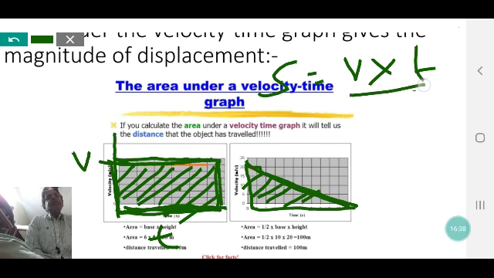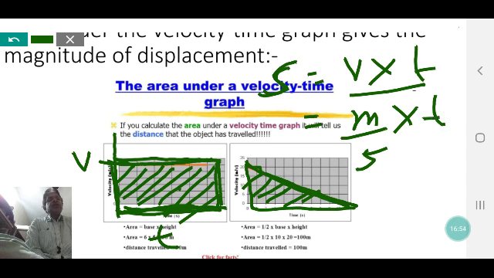That is the value of the magnitude of displacement. Now what is the unit? v is meter per second, and time is t, so the seconds cancel, and we get m, the meter, which is the unit of distance.